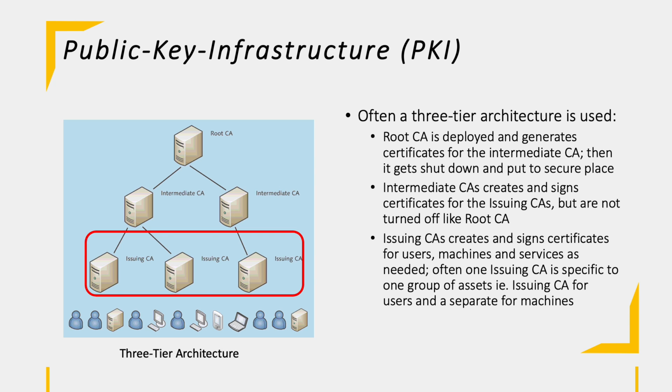And often those CAs are grouped or have a specific function or a specific group of certificates. For example, if a company is getting bigger, you usually have one certificate authority just dealing with user certificates, one just dealing with machine certificates, and maybe one just dealing with some kind of server or REST API certificates.